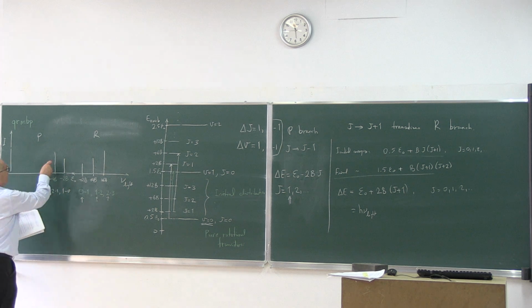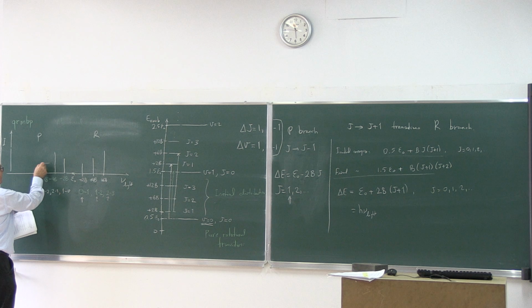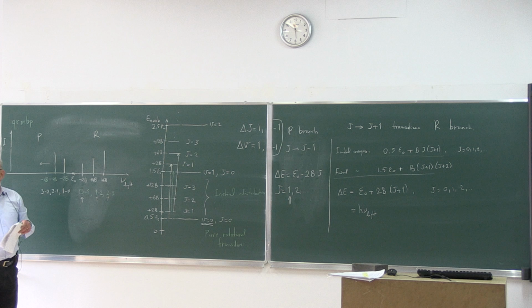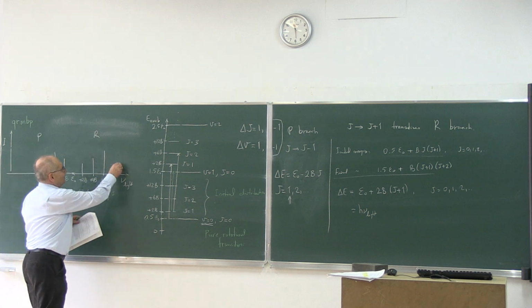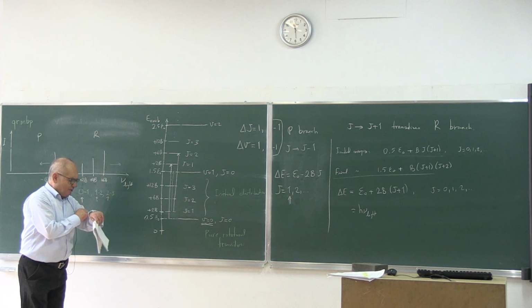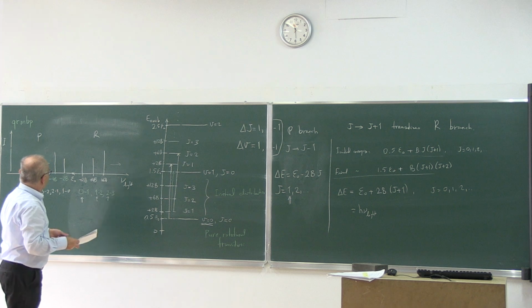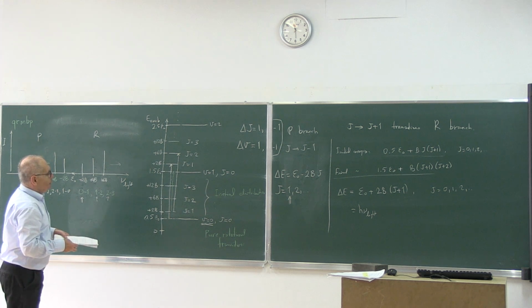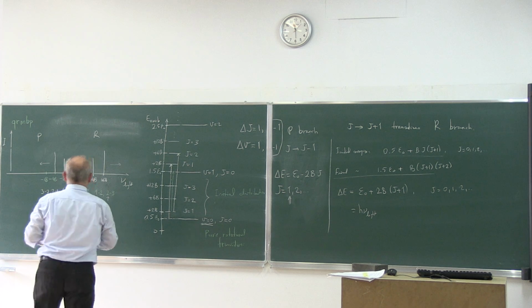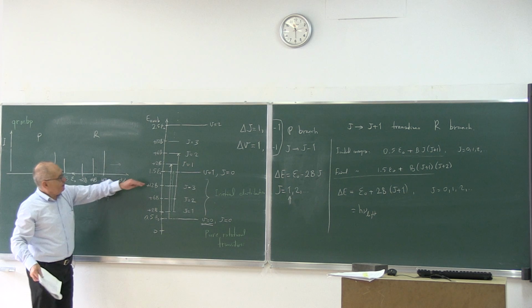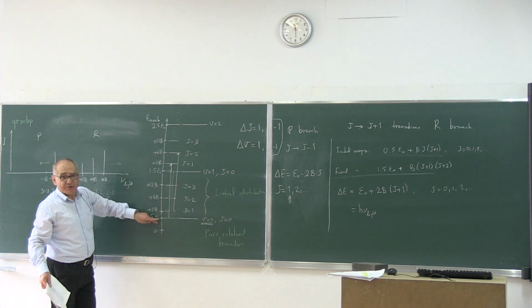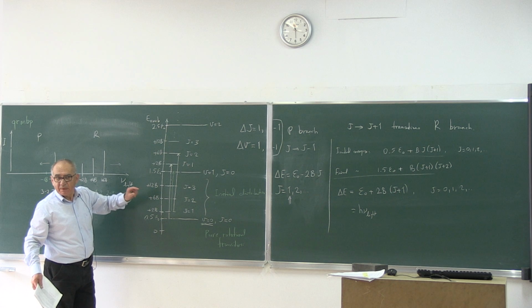Okay, so we can display the intensities and also the photon frequencies which are absorbed on the P branch, complete the picture, and also on this side. And this gives out the final picture. Please note that F0 is the spacing between vibration levels. All right.